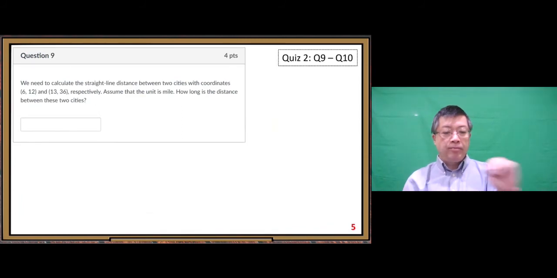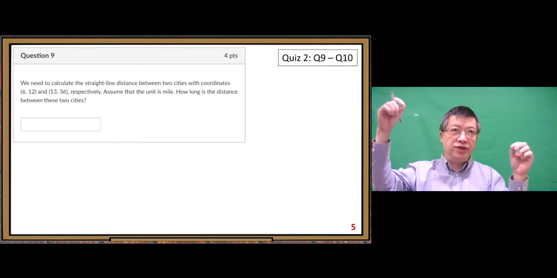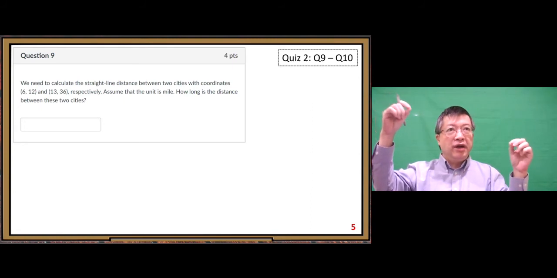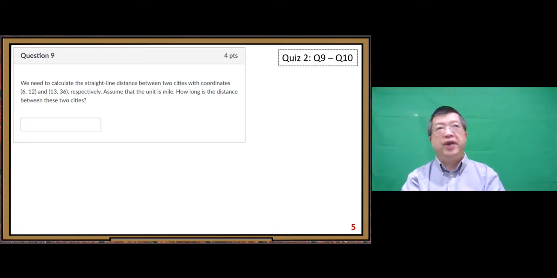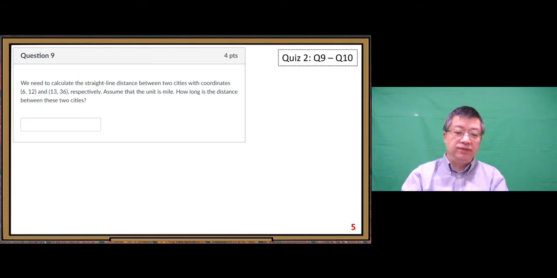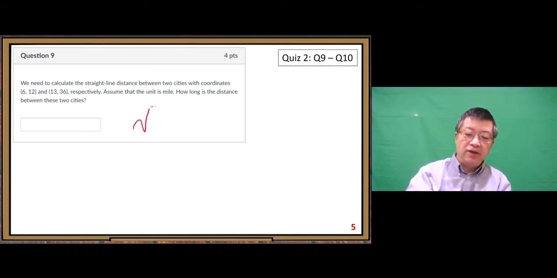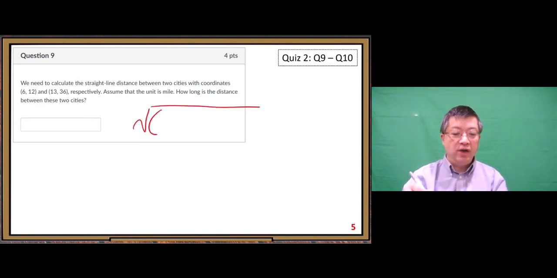All right. Number 9. Pythagorean theorem, the line distance between 2 points, giving you coordinates of those 2 points. You just do the calculation using the formula.